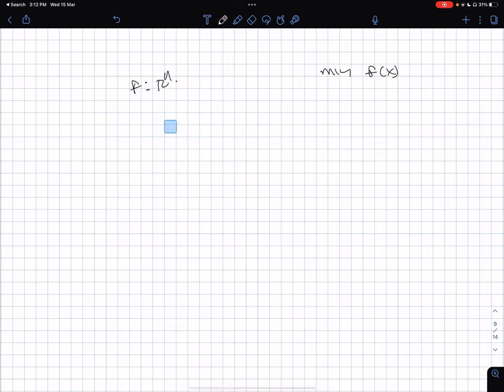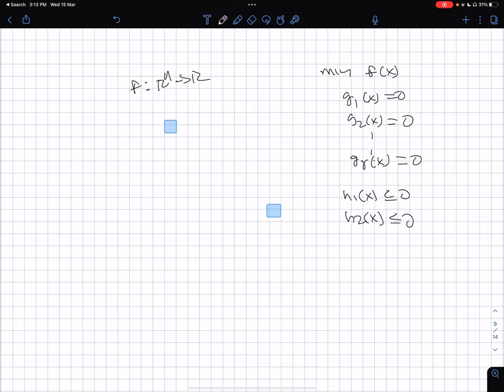F is a function from Rn to R, and I have a set of variables, and a set of equality constraints, g1 of x equal to 0, g2 of x equal to 0, and so on up to gr of x equal to 0, and a set of inequality constraints, and assume that all these functions are twice differentiable and continuous, that is, all of them come from C squared.